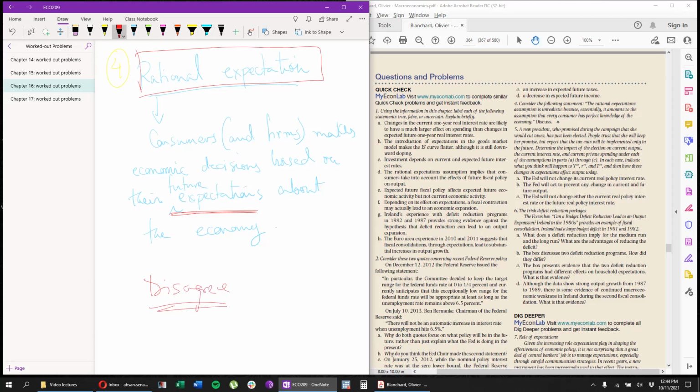I disagree because rational expectation doesn't require us to know everything that will happen to the future of the economy. Absolutely no one knows what will happen. What rational expectation requires us to do is form expectations. This may be wrong, this may be right, but form expectations based on what we think will happen, and then make our decisions based on these expectations. And we don't even have to make decisions on our own.